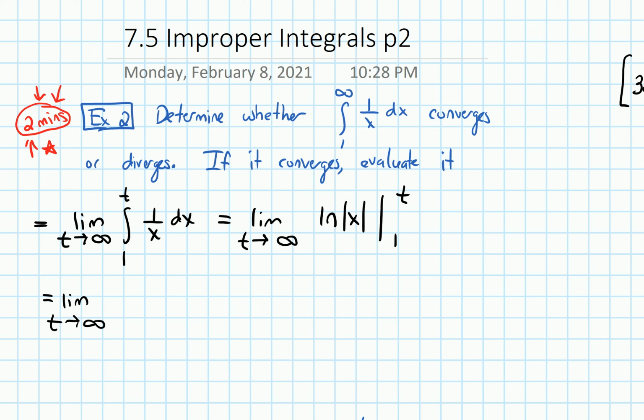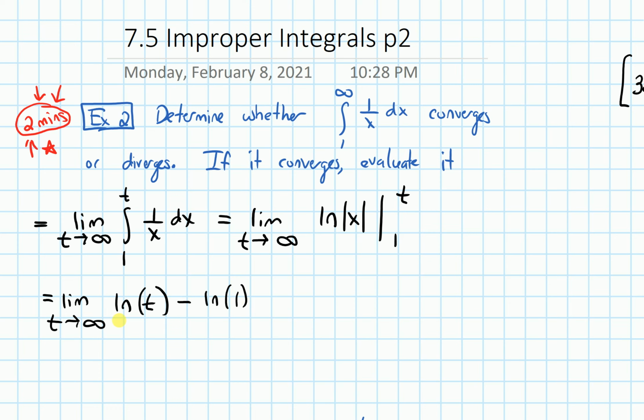If I plug in t, we get ln. Technically, I should write absolute value of t. It turns out I don't need to write the absolute value. I'll talk about why in a sec. But then I do minus what I get when I plug in 1. So I'll get ln of 1. And with the 1 as well, I don't need an absolute value because 1 is positive. And the absolute value of 1 would just be 1.